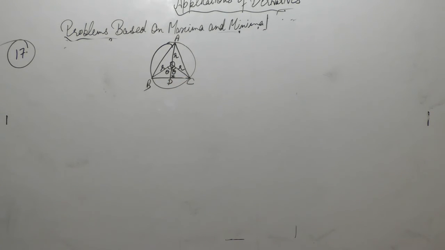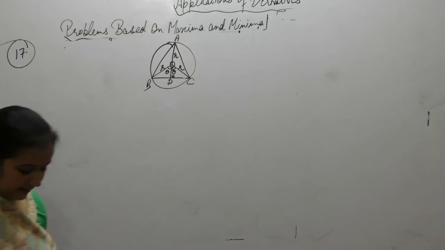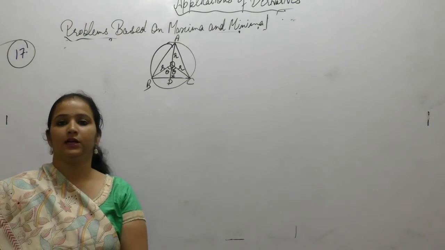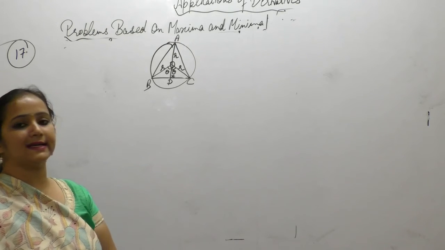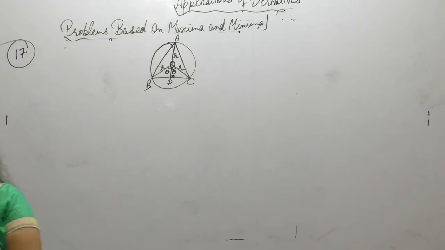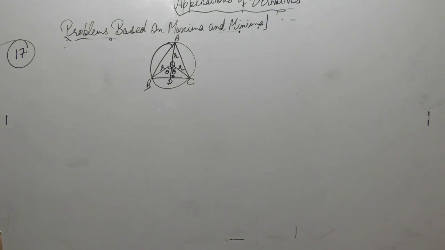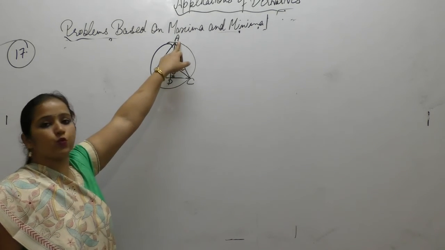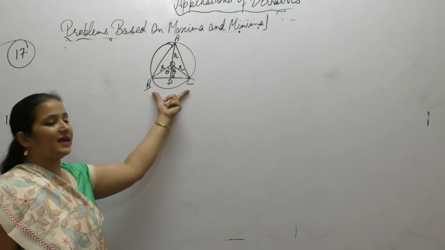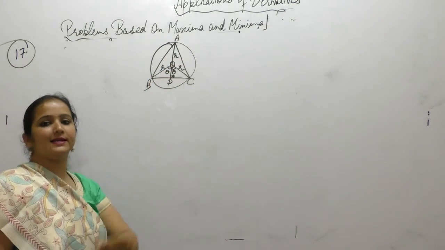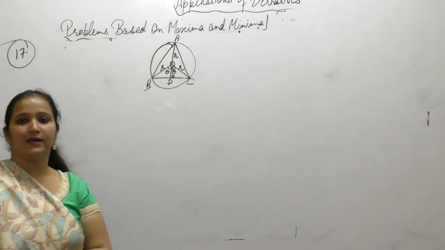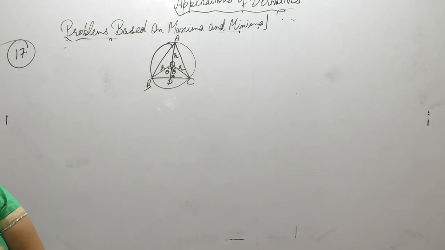Write down. Let ABC be a triangle inscribed in a given circle with center O and radius R. The area of the triangle will be maximum if the distance from the vertex to the base BC is maximum. Then the area of the triangle will be maximum.